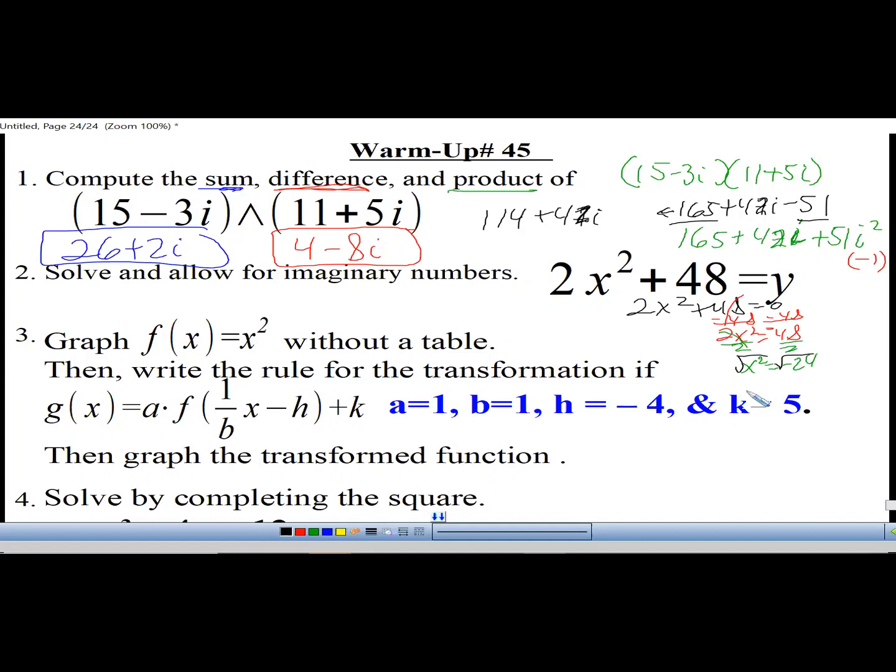This cancels this. x equals the square root of negative 24, which can be rewritten as square root of negative 1 times square root of 4 times square root of 6. So what is square root of 4? 2. What is square root of negative 1? i. And bring down the square root of 6. And that's our solution for number 2.